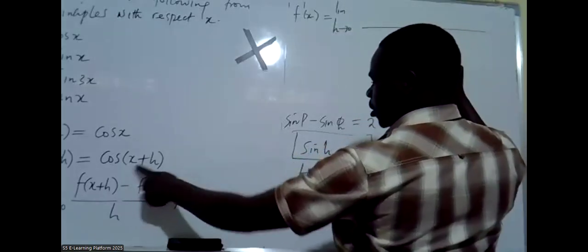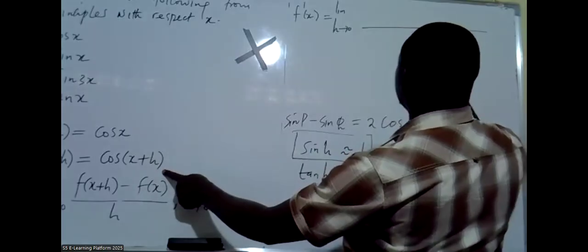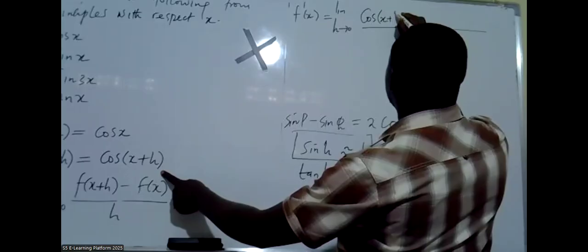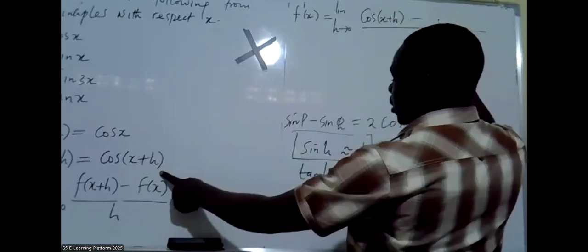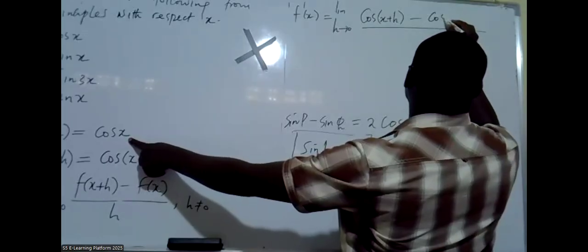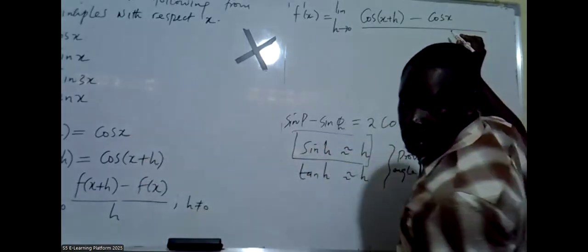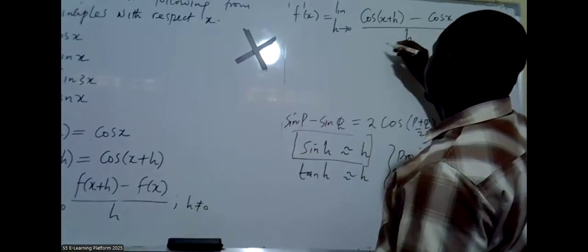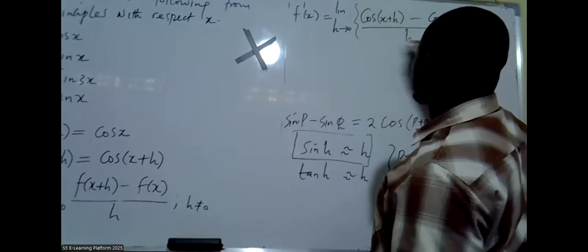We substitute. This one alone is cos of x plus h, minus f(x), which is cos x, divided by h. Everything is divided by h here.